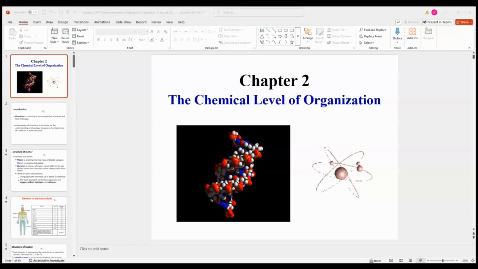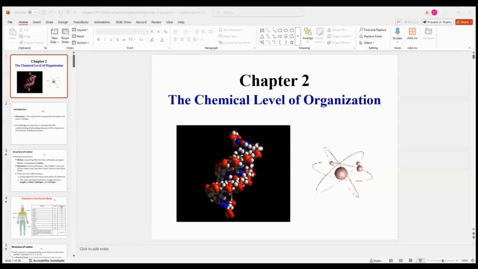Hydrogen has only one positive proton, so these electrons are going to spin around the oxygen more times and fewer times around the hydrogen. The same thing with this hydrogen.